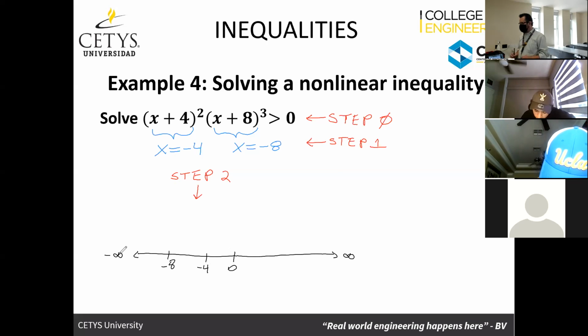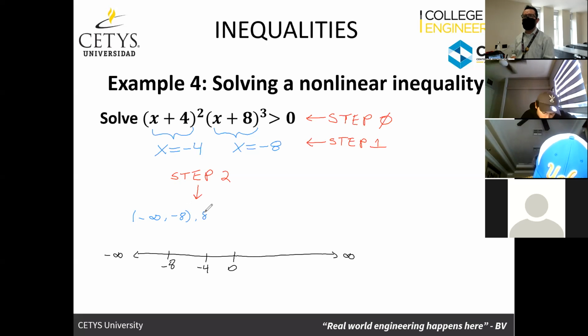And so what are going to be the ranges or the sections that we're going to have for these intervals? We're going to go from left to right. So it's going to be minus infinite comma -8.